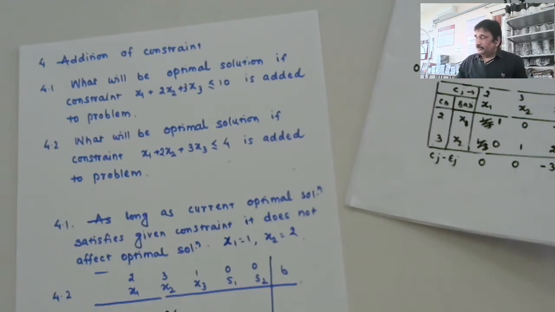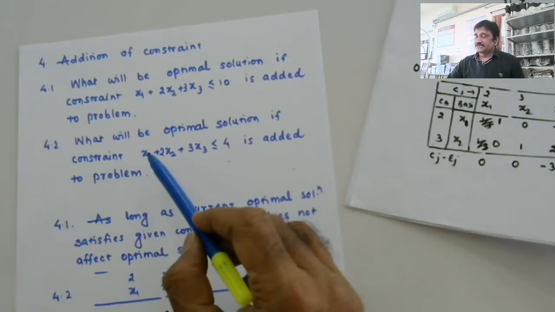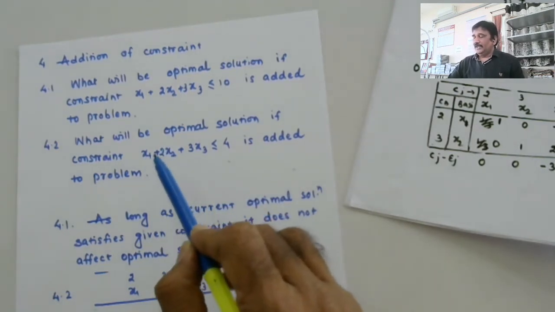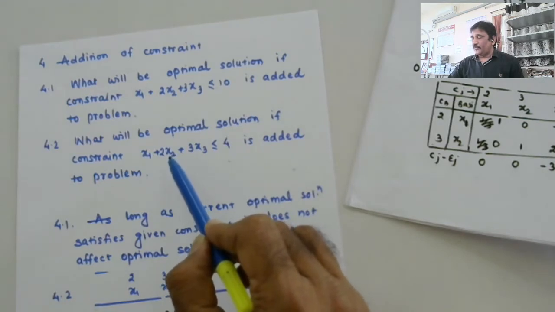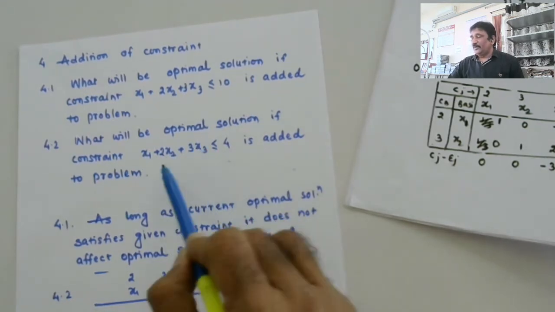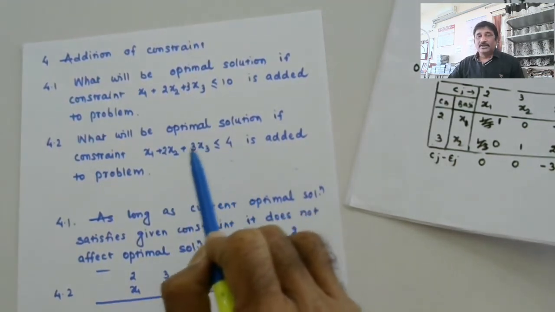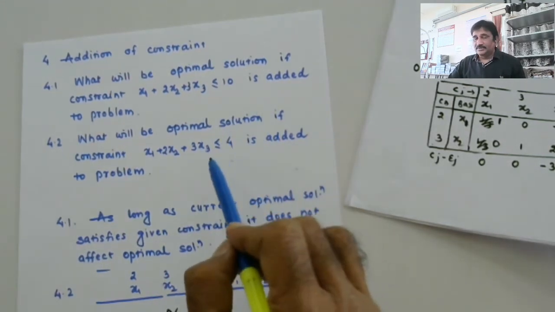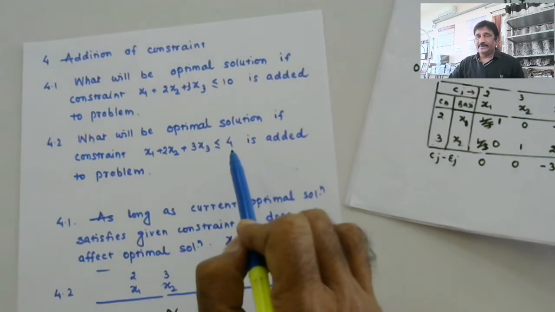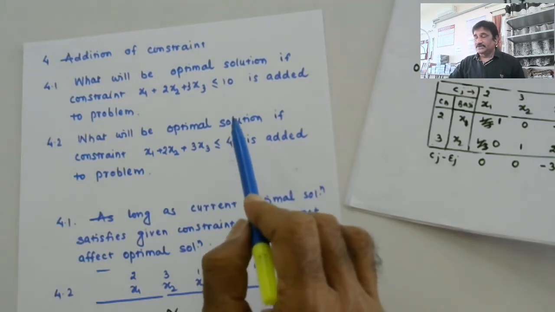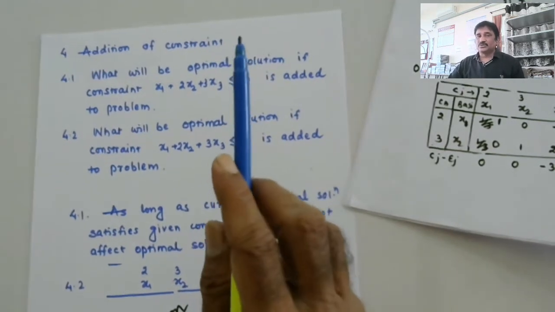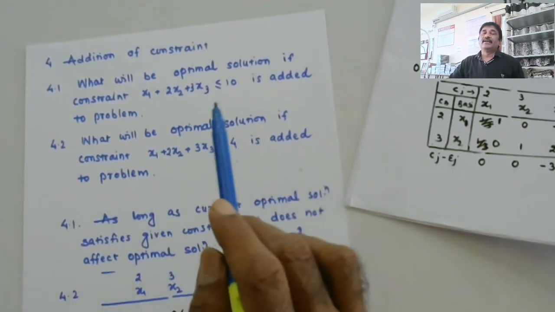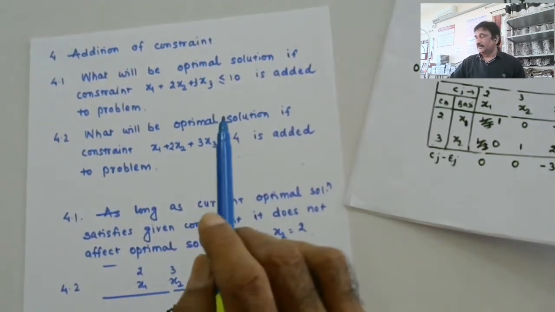Now, if I put the optimal solution in this constraint, x1 is 1 and x2 is 2, 1 plus 2 into 2, 4, 5 plus 0, 5 is not less than or equal to 4. That means this constraint is violated. Now, this constraint will change the solution so that it gets satisfied.